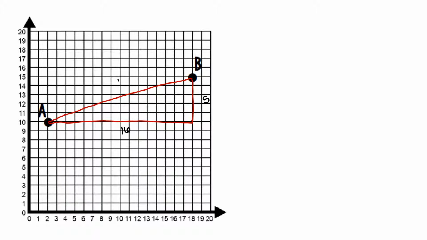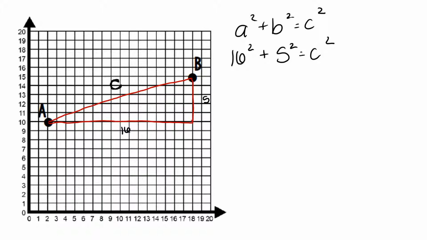The diagonal line we drew represents letter C. We take that information and plug it into the Pythagorean theorem. A is 16, B is 5. 16 squared is 256. 5 squared is 25. Add those together, and we get 281.